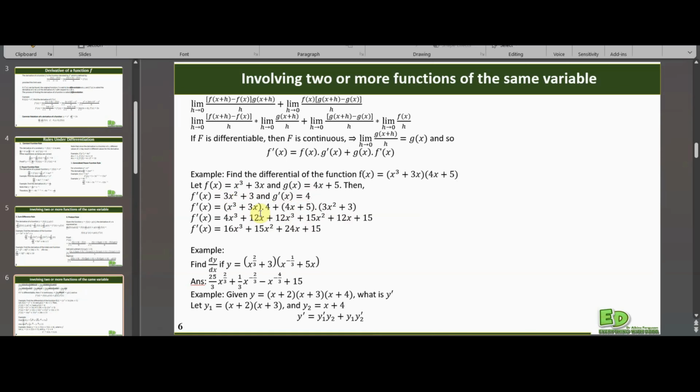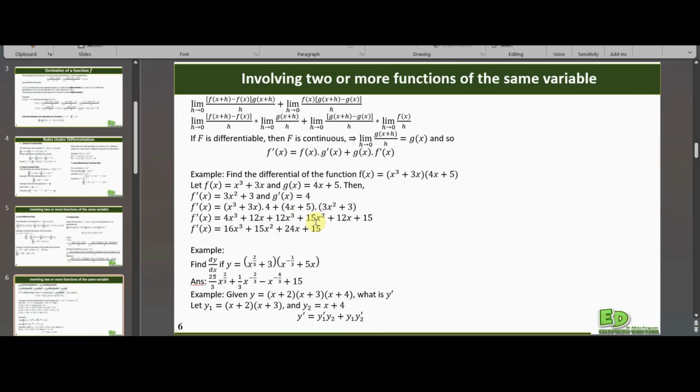So the next thing is that you just expand this 4 into the brackets, x cubed plus 3x, you expand that, you expand these brackets as well, and then you group like terms, right? So you would have 4x cubed plus 12x plus 12x cubed plus 15x squared plus 12x plus 15, then grouping of like terms, right? So we have some terms that are common, isn't it? So 4x cubed here plus 12x cubed here will give us 16x cubed, right?